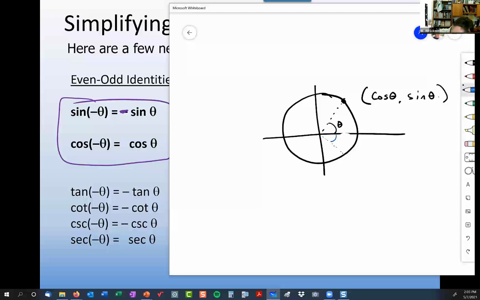So the blue one is negative theta, and it puts me exactly symmetrical to it below, in quadrant 4. So this point will be cosine of negative theta, sine of negative theta. That's the unit circle definition.